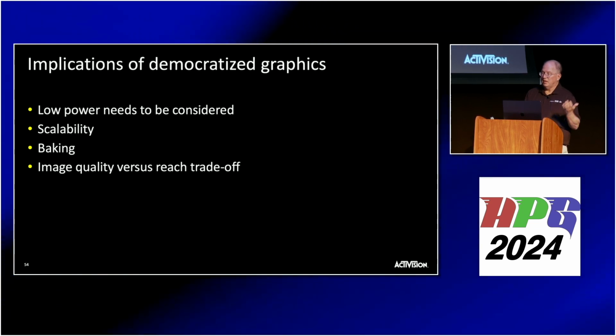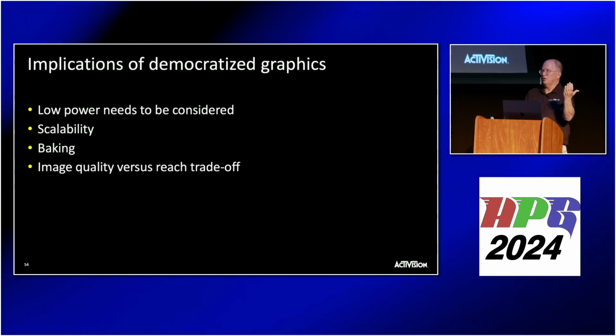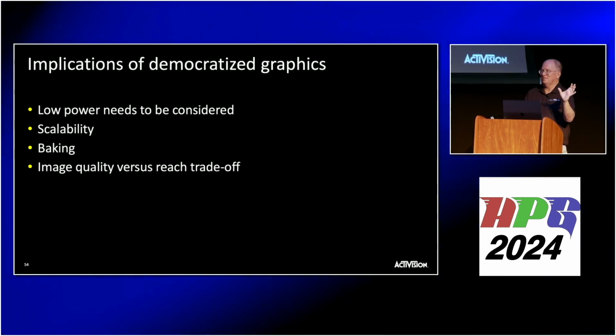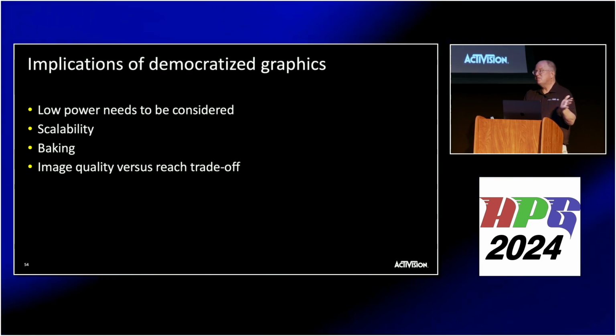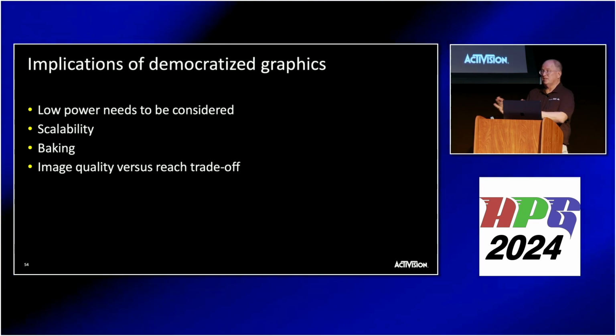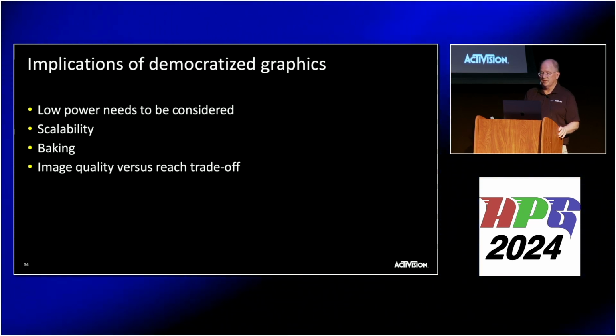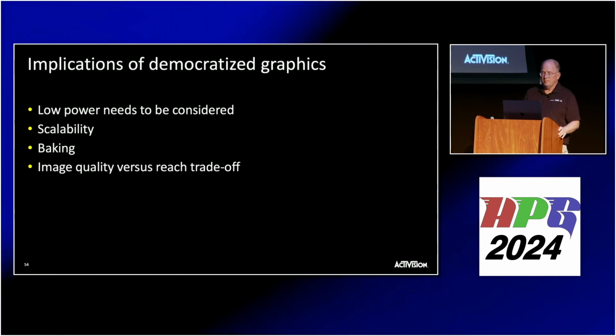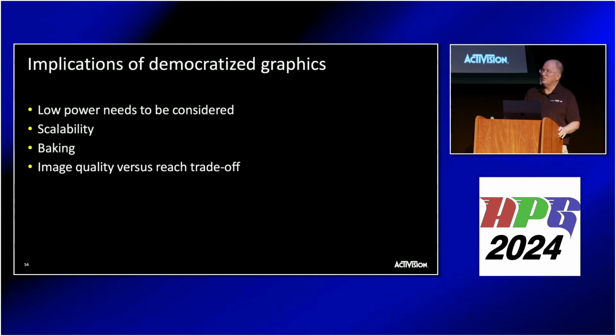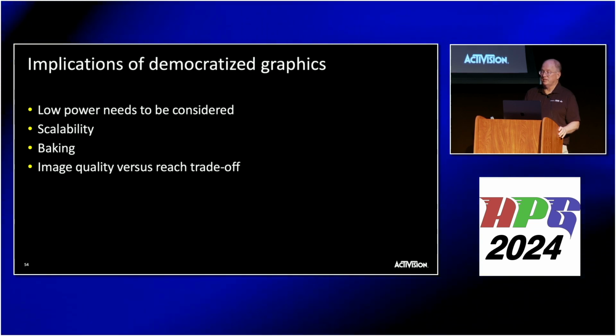But I want that shadow to be perfectly anti-aliased and soft and beautiful. Well, maybe the good news is different devices can just have a different call for that shadow algorithm. So the way we decompose lighting may solve some of this. But there's a real image quality versus how many users you get trade-off here.